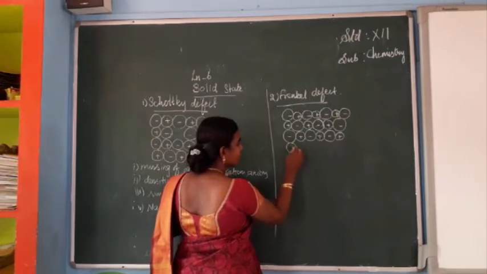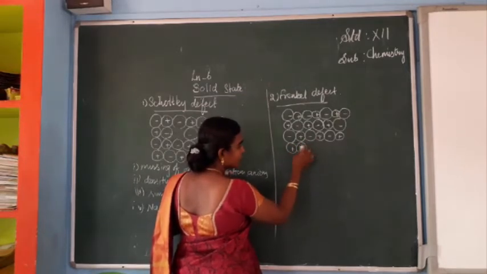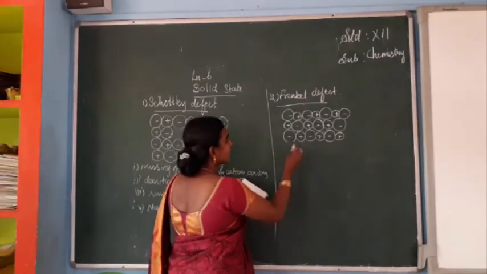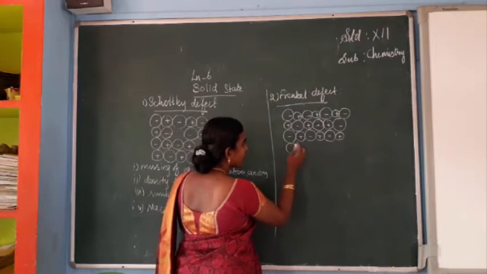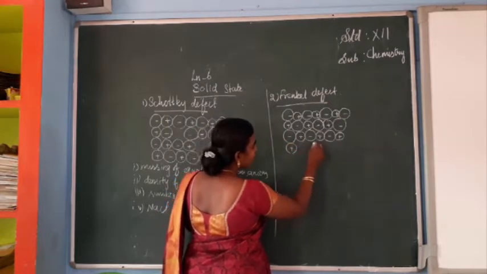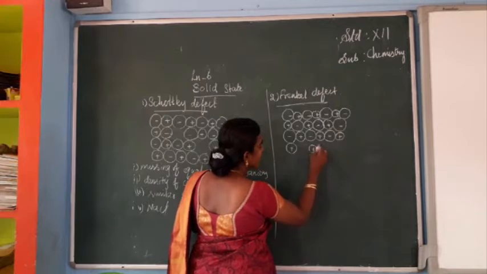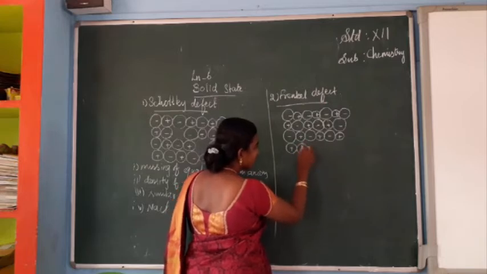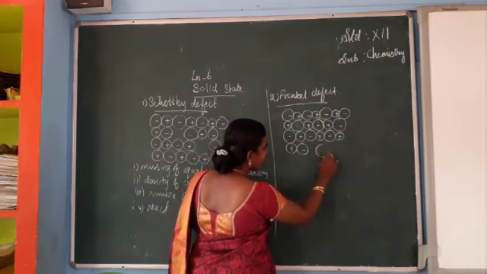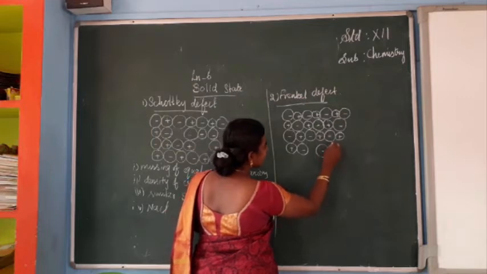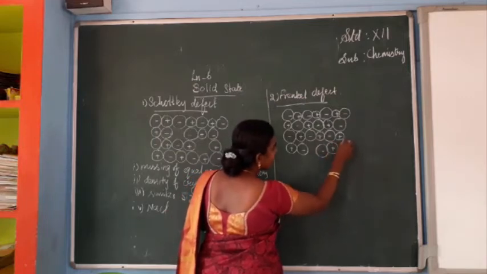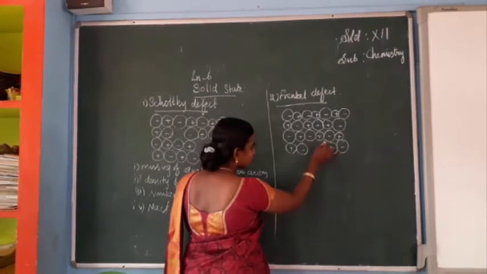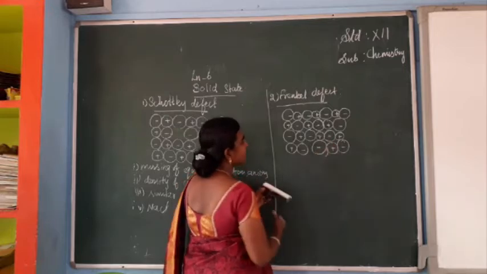And here next also positive, negative, almost different size. Okay. So here one positive and here one positive, here negative ion, and here one negative ion, and here one positive ion, and here one negative ion. So this is the second layer, so it must be like this.